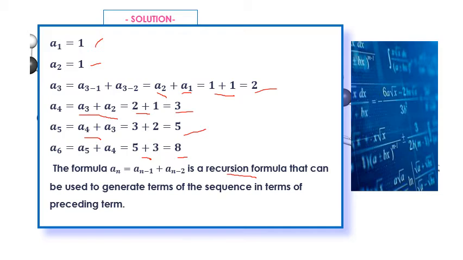So, that is the final answer to our problem. You just substitute values and then list down all the values, and that will be your final answer when you are asked for the terms of the sequence.